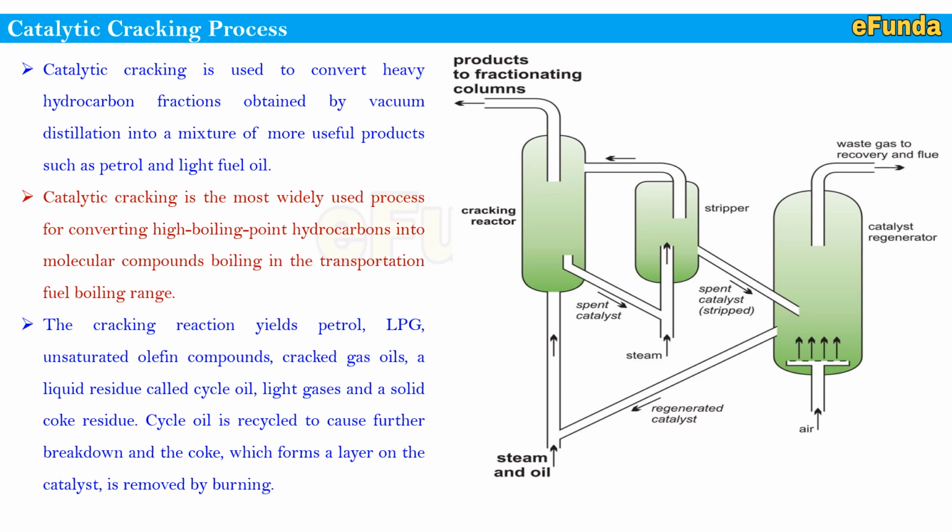The other products are passed through the fractionator to be separated and processed separately one by one. This is all about the catalytic cracking process, where catalysts are used for cracking.